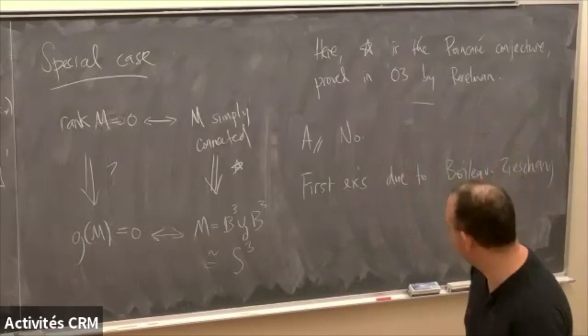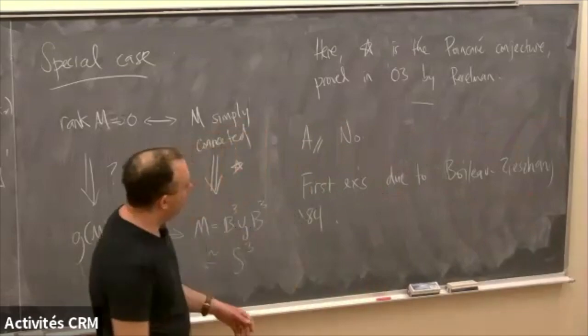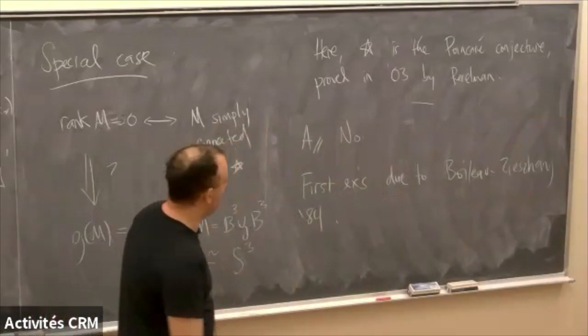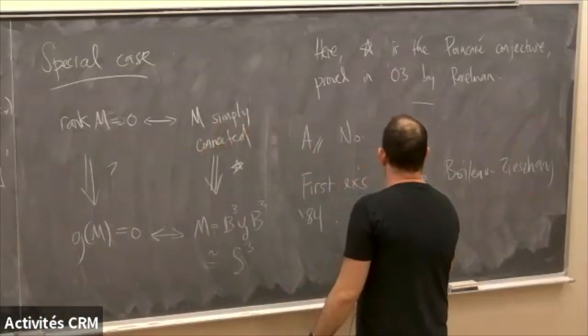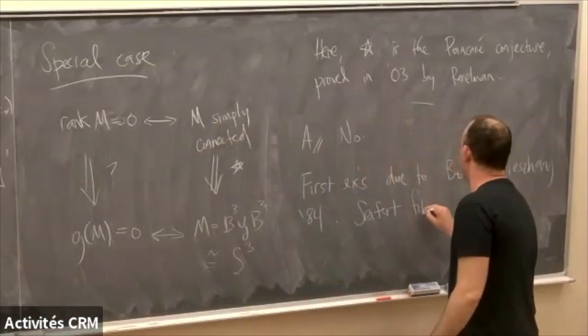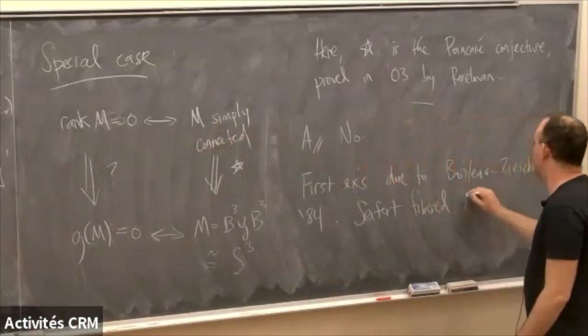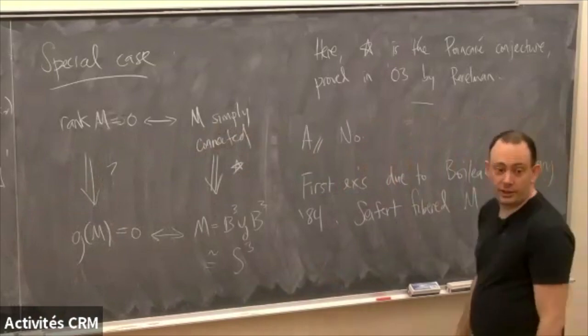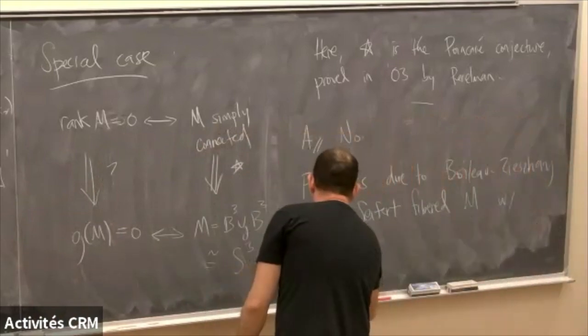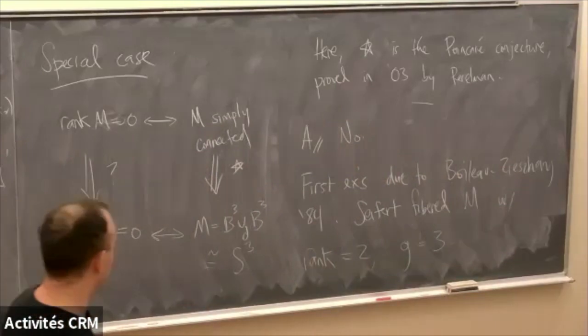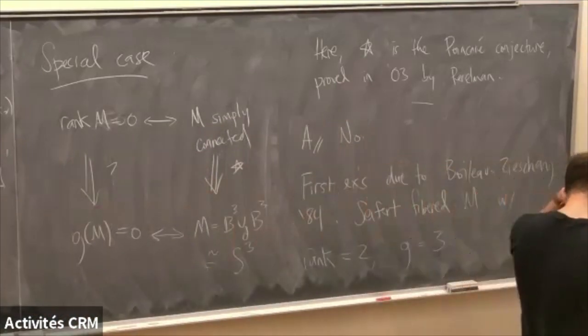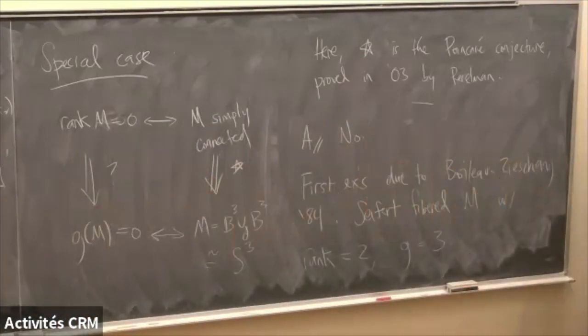They produced Seifert fibered manifolds. You know what those are? Where the rank is 2 and the Heegaard genus is 3. I think the orbifold is a sphere with 3 cone points, of some particular orders.